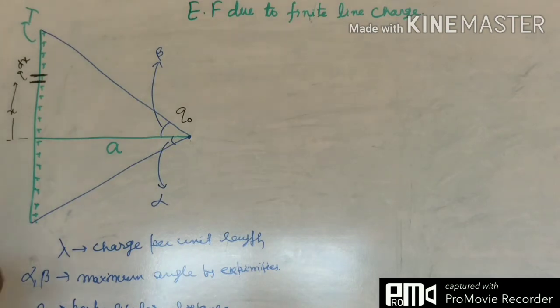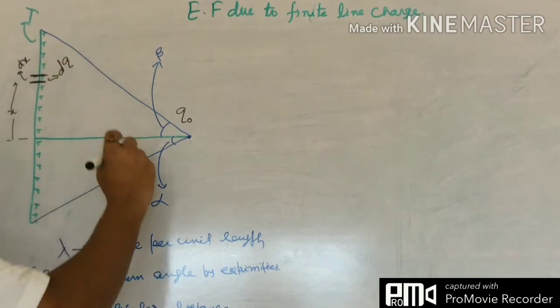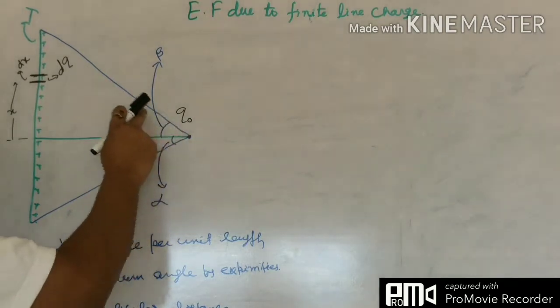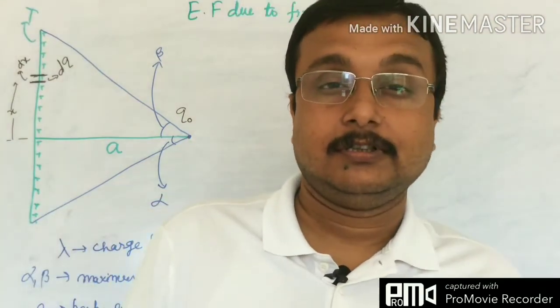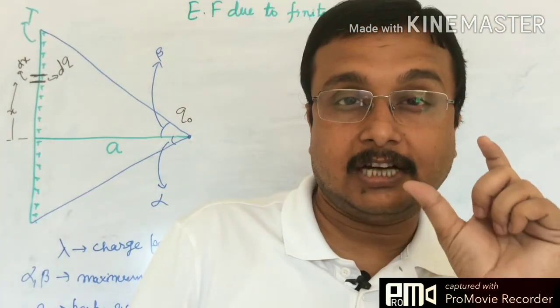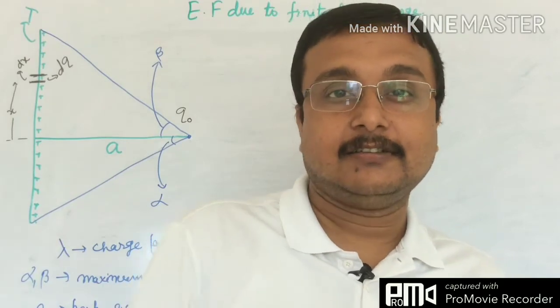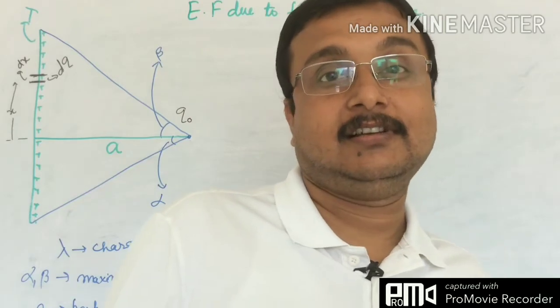So what is the charge on this dx? Charge on this dx is definitely dq. So first, find the value of electric field due to this point charge dq, and then integrate it over the whole line. That we have already learned in our previous classes.